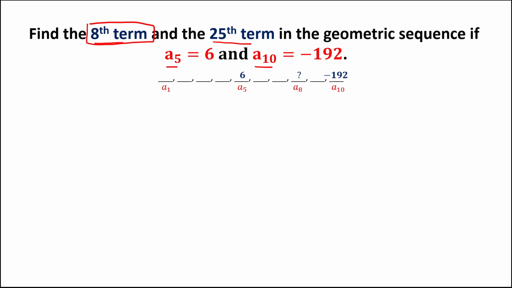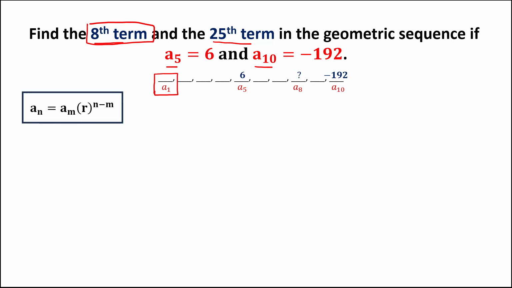Observe that in the sequence, the first term, a sub 1, is unknown. Therefore, we're going to use this formula: a sub n equals a sub m times r to the power n minus m, because there is no given first term. From this formula, a sub n is the last term and the last term is the 10th term.